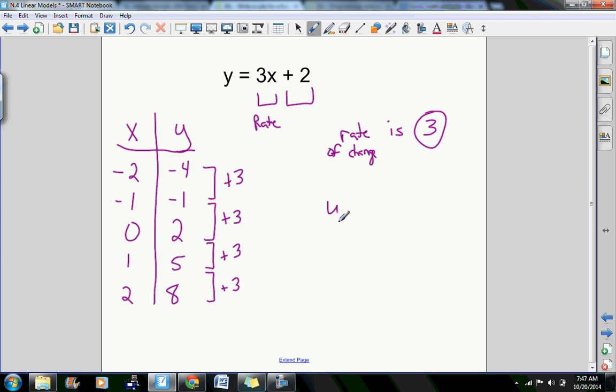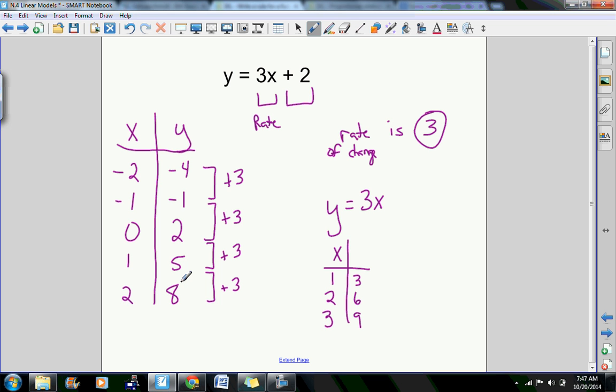So thinking about the equation y equals 3x, if I picked an x value here, like 1, 2, or 3, this would be 3, 6, and 9. But if we look at our table, 3x is 2 below what we needed here, so we needed to add 2 to our equation.